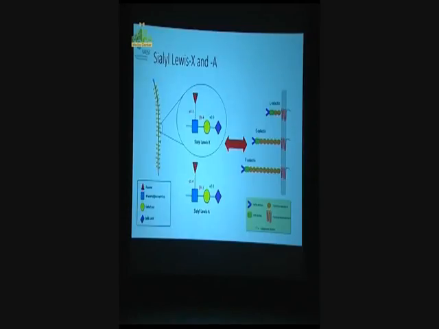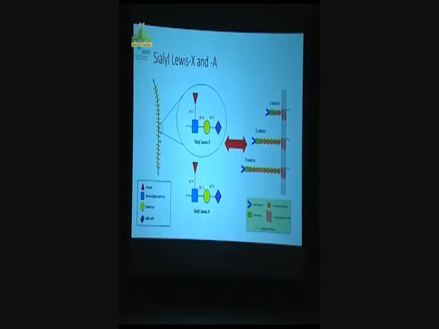So Sialyl Lewis X and A are tetrasaccharides borne on mucin proteins and also glycolipids of epithelial cancers. And actually they are the binding motif of some adhesion molecules called the selectin family, and we are interested in the endothelial selectins, E-selectin and P-selectin.